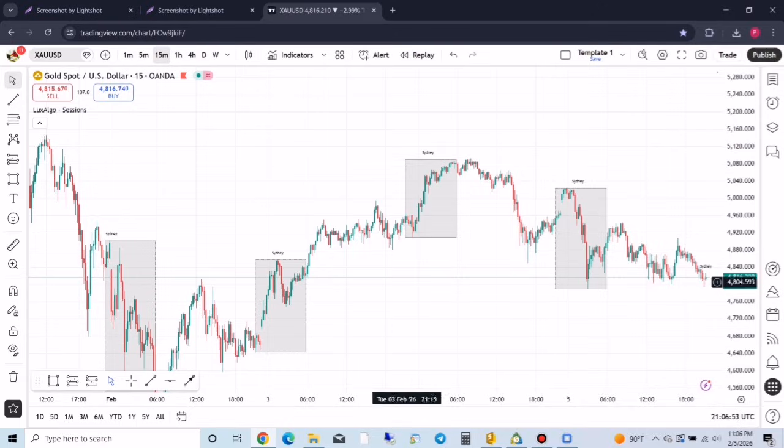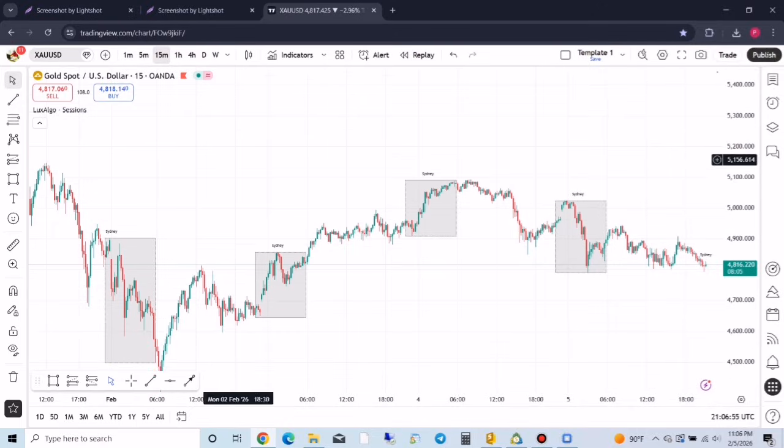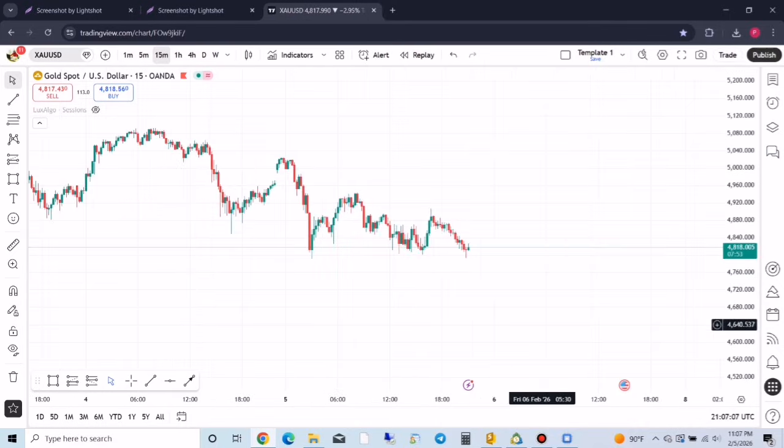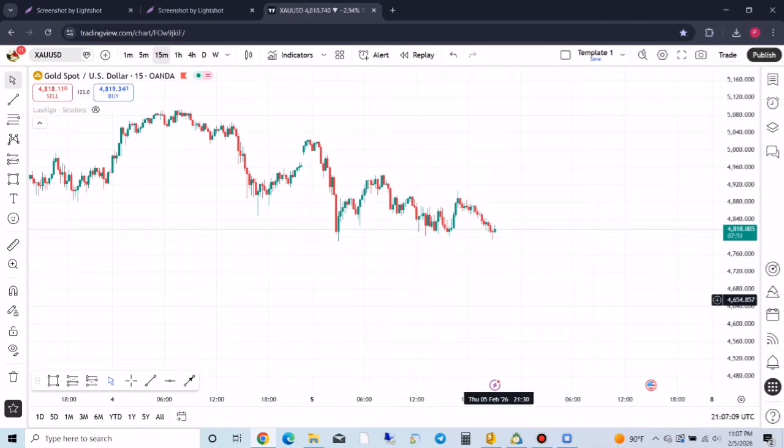This is TradingView, and this indicator is LuxAlgo Sessions. You can just search it in the indicators, but for today we don't need it. Now let's look at how I managed to code that strategy for that EA.